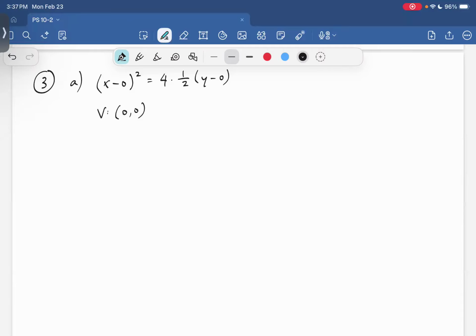Well, first of all, this is a vertical parabola, right? So a vertical parabola, and it's facing upwards because p is positive. P is 1/2. So the focus must be at 0, 1/2.